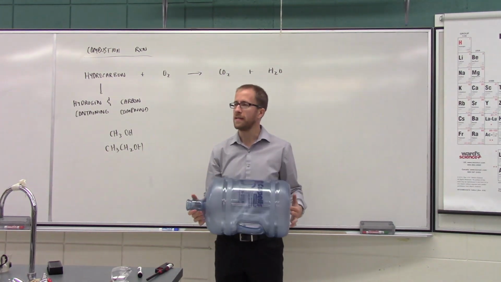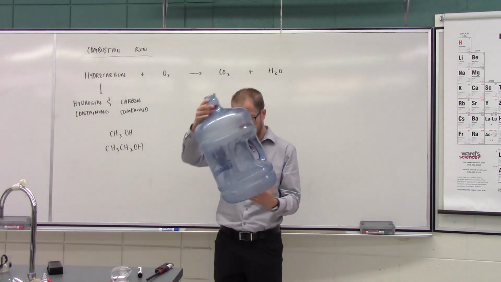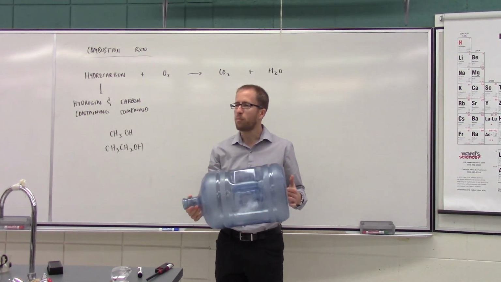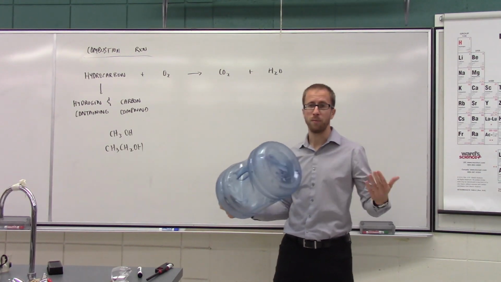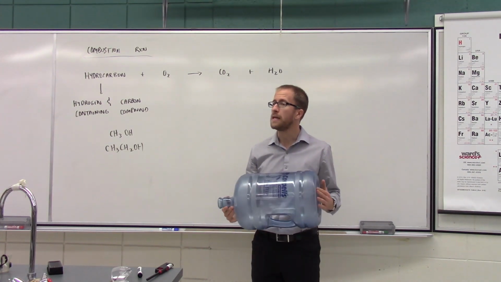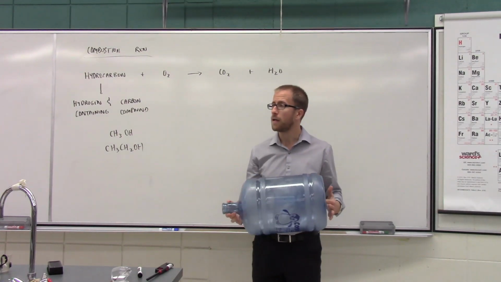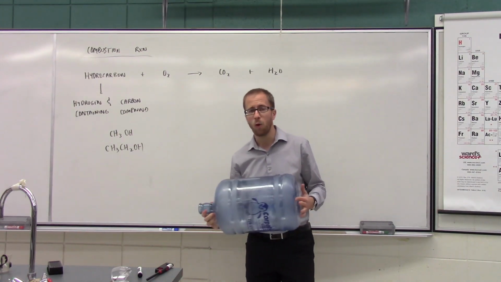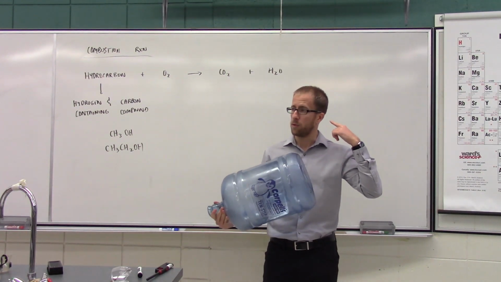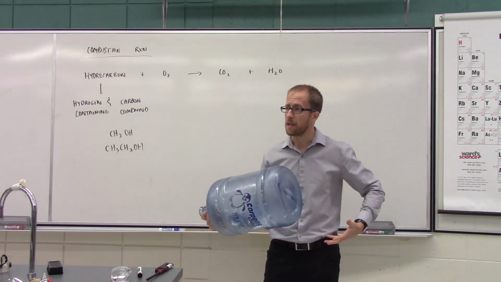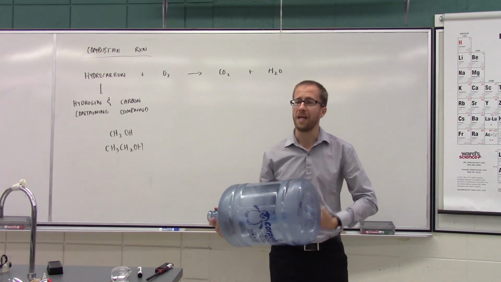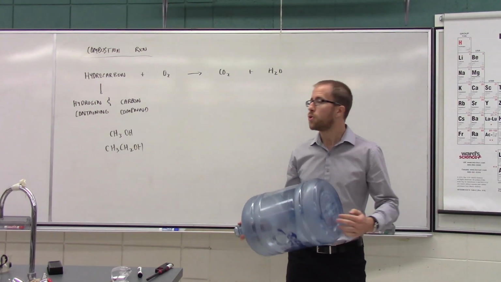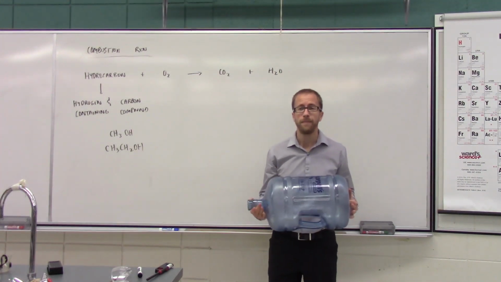Now, it's a depressant, and as a depressant, it can actually stop signals going from your brain to other parts of your body. If you drink enough alcohol in one sitting, it can stop signals going from your medulla, which is a part of your brain that controls breathing, to your intercostal muscles and your diaphragm. So you can actually stop breathing and die.